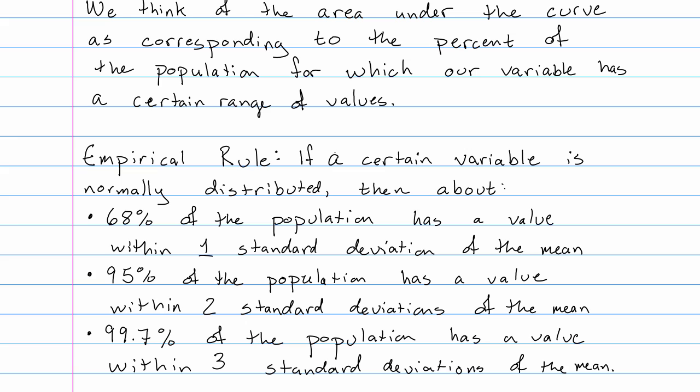If a certain variable is normally distributed in the population, then about 68% of the population has a value within 1 standard deviation of the mean, 95% of the population has a value within 2, and 99.7% of the population has a value within 3 standard deviations of the mean. Now keep in mind these numbers are all rounded in order to give us just nice numbers to remember, but they're close.